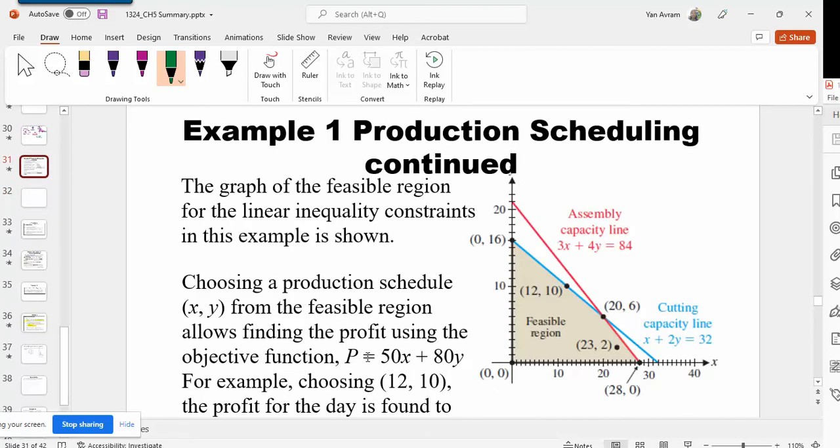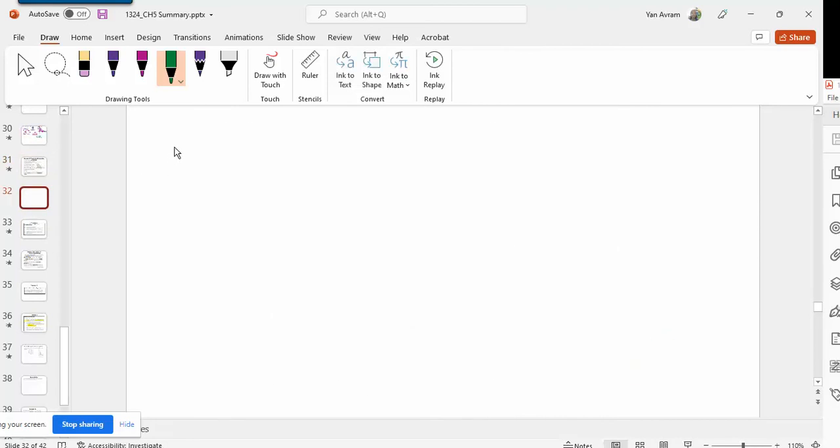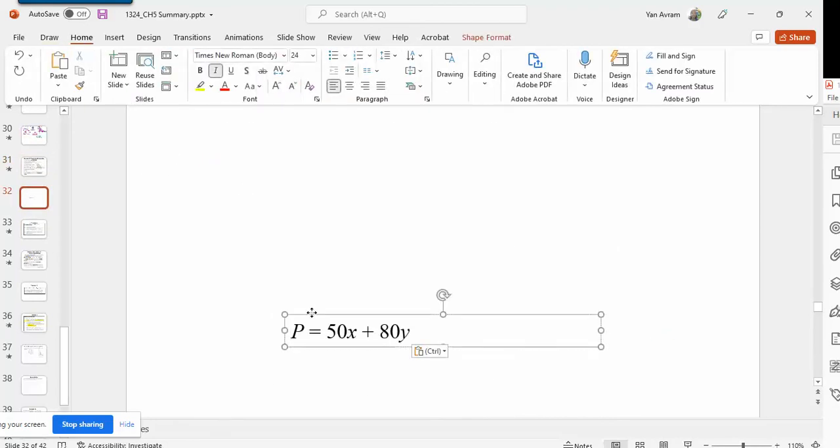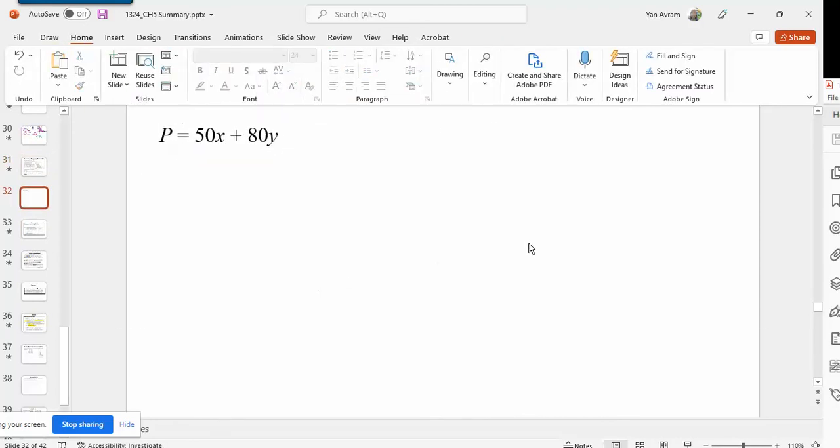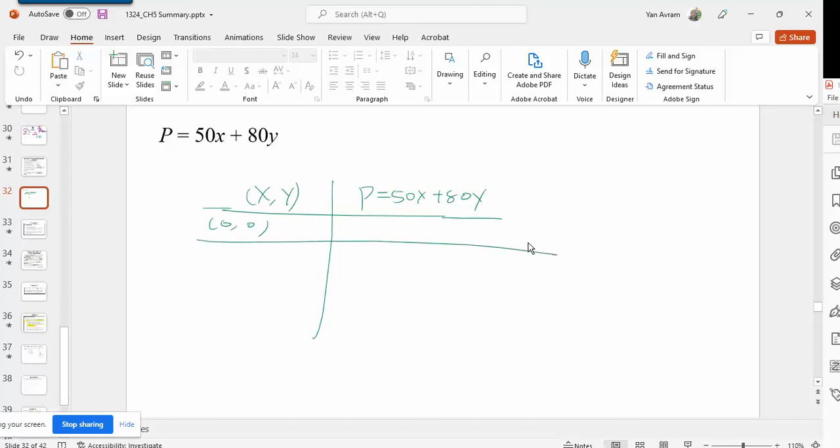Alright, so I have P equal to 50x plus 80y. So we're going to look at x and y, and then find the P value, which is equal to 50x plus 80y, right? And then we're going to look at the point 0 and 0. Of course, at 0 and 0, P will be 0.